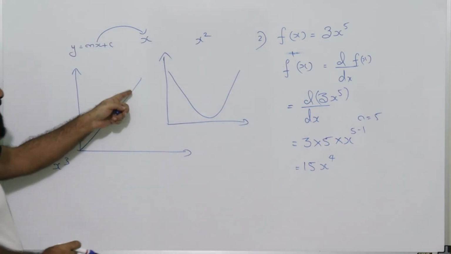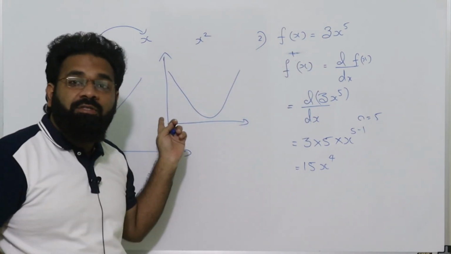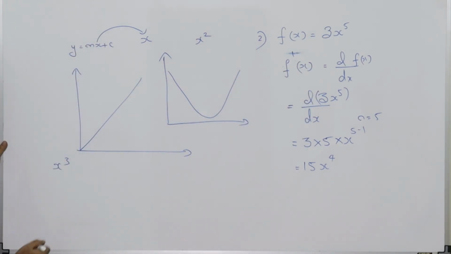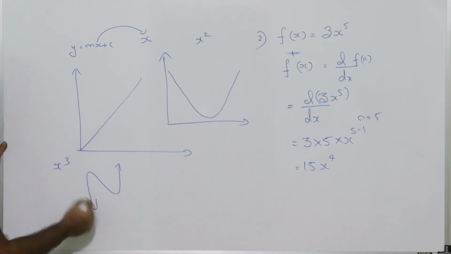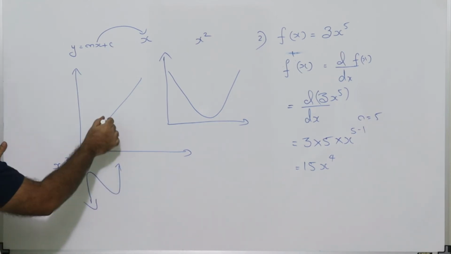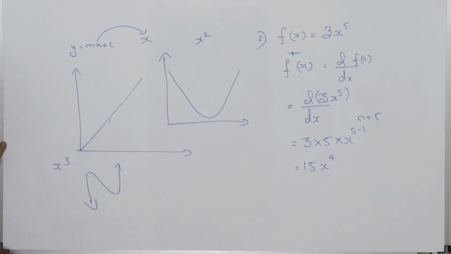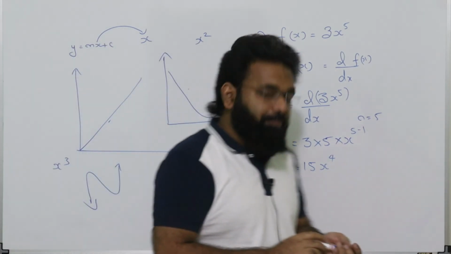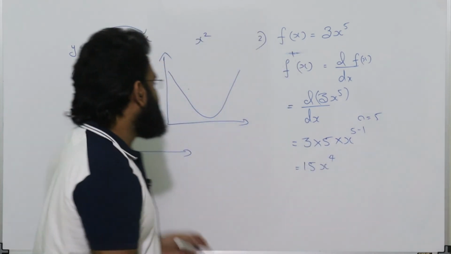This is a straight line. Why are we taking differentiation of x raised to 5? Because they are not straight lines. If it is x cube, then this kind of shape will come. One more bend came. Correct or what? So x is a straight line, x square a parabola, x cube again an n-kind of shape. Likewise, as the power of x increases, it will have different shapes.